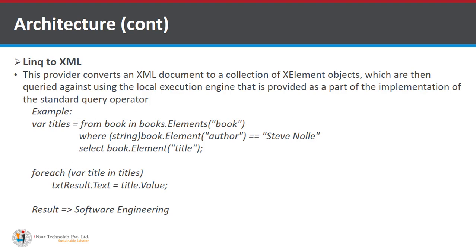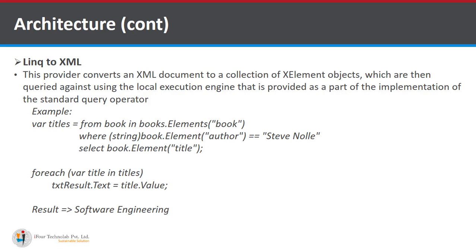This is Linq to XML. This provider converts an XML document to a collection of XElement objects, which are then queried using the local execution engine that is provided as part of the implementation of the standard query operators. Here is an example. If I want to get book titles of a particular author name, here is the syntax: from book in books.Elements("book").